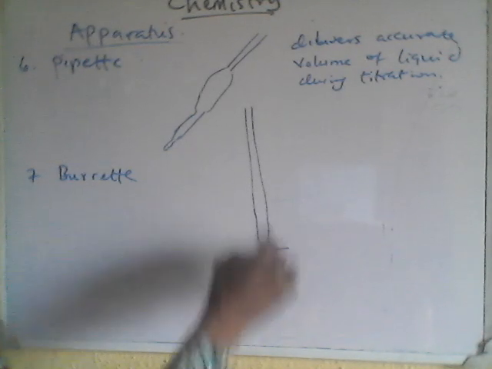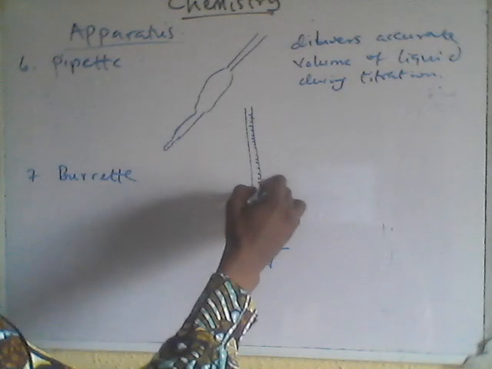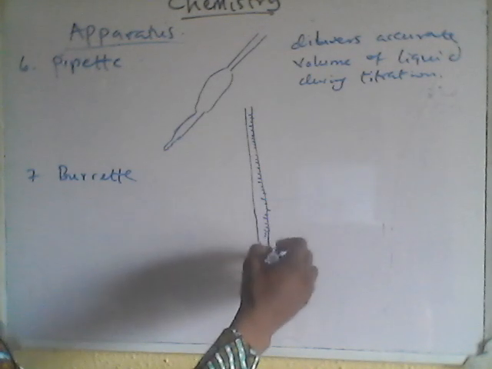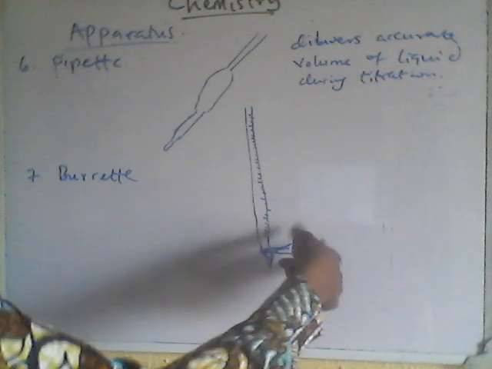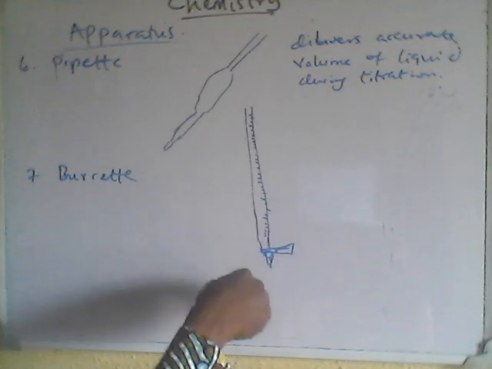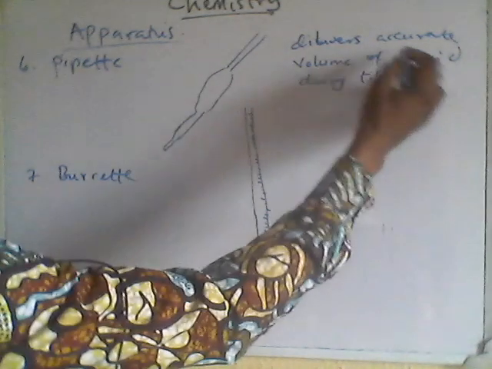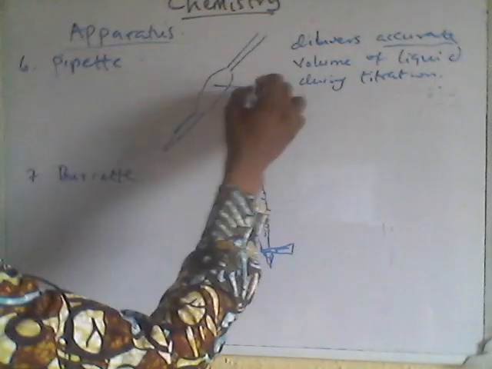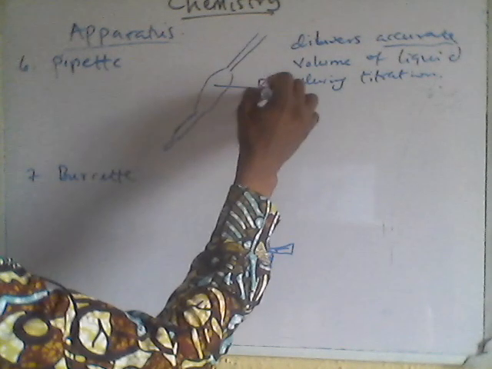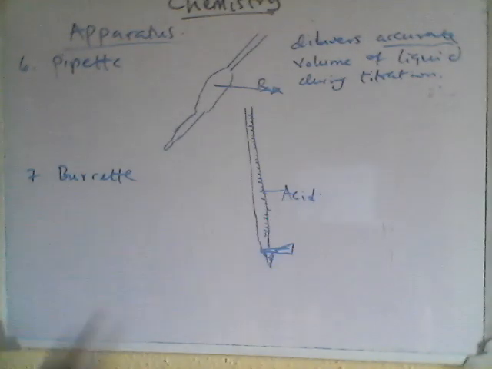Then this is the outlet, calibrated, of course, and this one gives you variable volume. So this one now normally you are trying to vary the volume that enters into a beaker or something during titration. Okay, so while this one gives you accurate volume, like volume of base, this one gives you variable volume, volume of acid. Okay, so that's the burette.